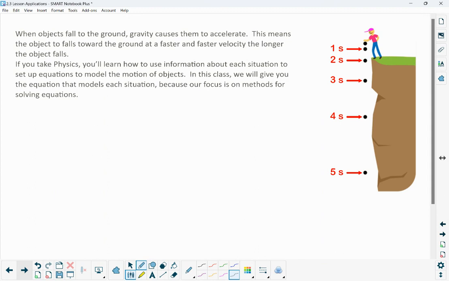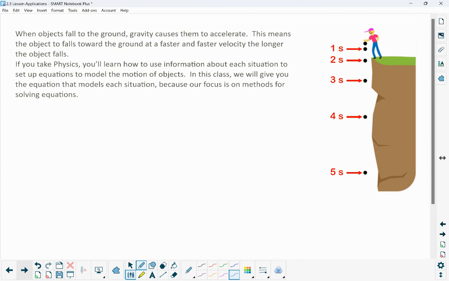Okay, we've got 2 final examples. So we just need to talk a teeny bit about this first situation. When you drop an object and it's falling to the ground, gravity is causing that item to accelerate. This means that as the object is falling toward the ground, it's falling at a faster and faster velocity.